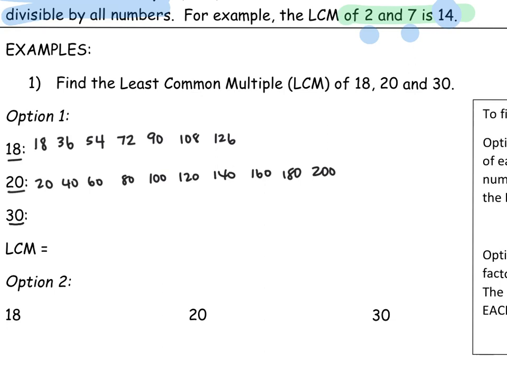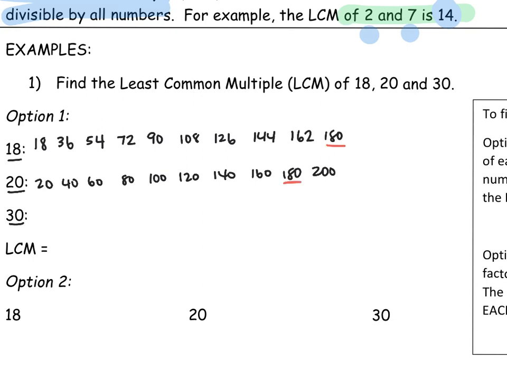After 126, this was times 1, 2, 3, 4, 5, 6, 7. So 18 times 8 is 144, and 18 times 9 is 162, and then 18 times 10 is 180. Okay, here's a common one.